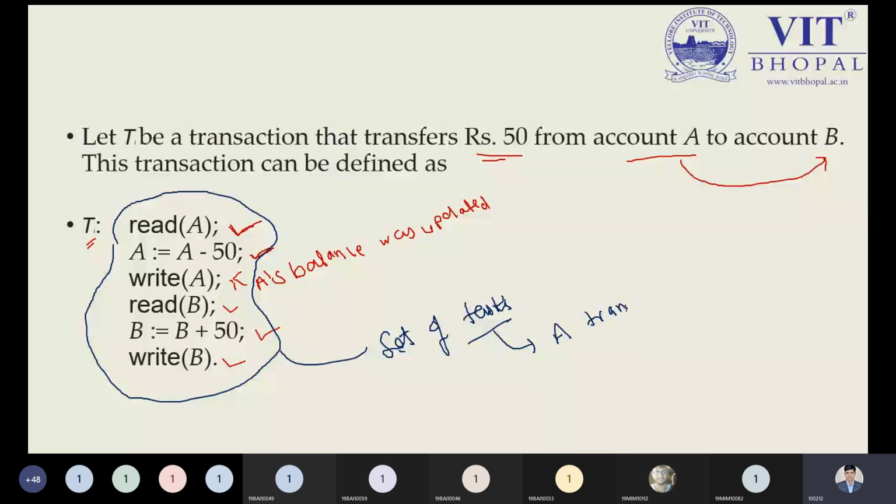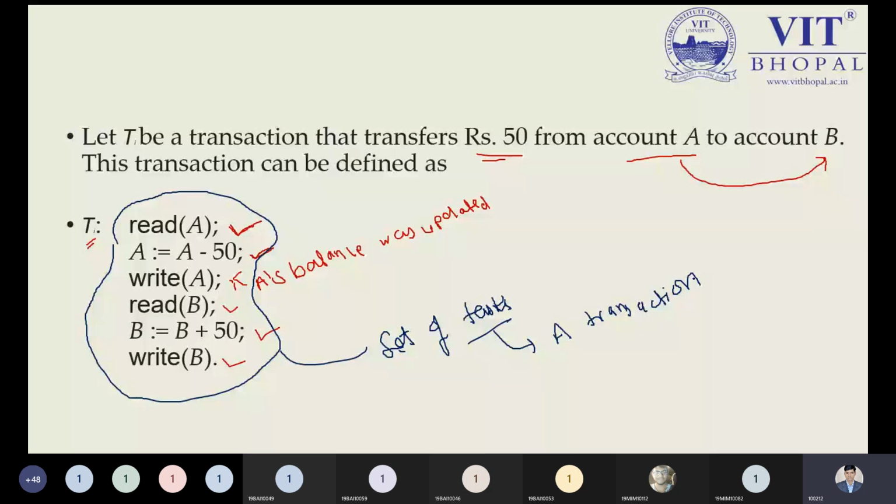If one task is not completed, we will say this transaction is failed. So each and every task under a transaction should be executed properly and reported in a successful manner. Suppose while writing B, or updating B's balance, suddenly the power fails. It means the transaction is failed. So we need to keep this point in mind.